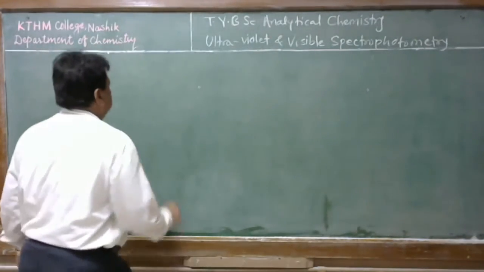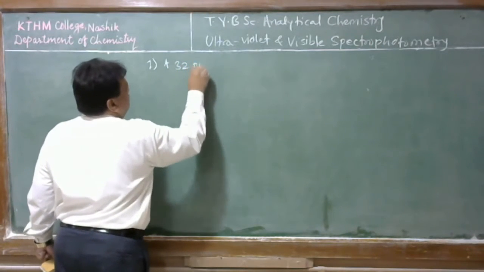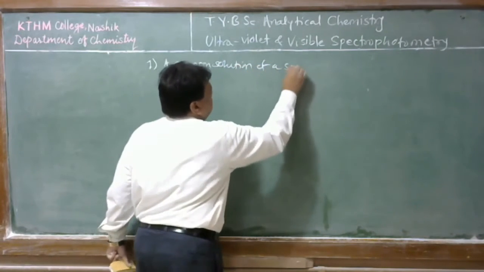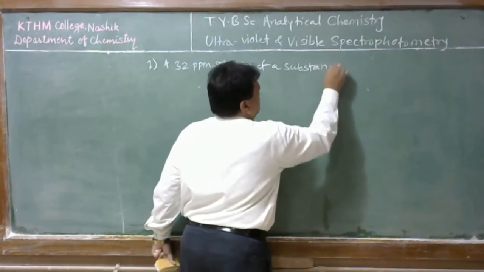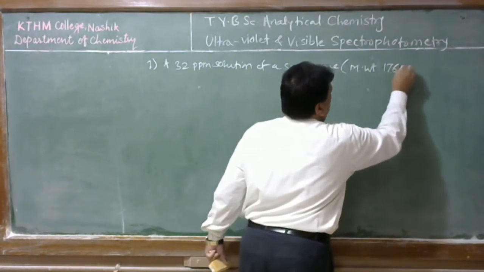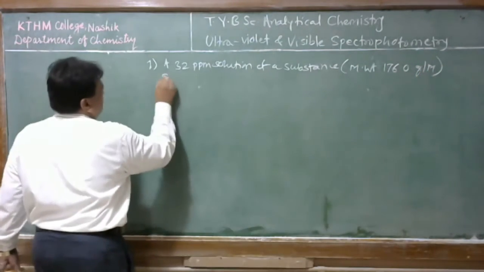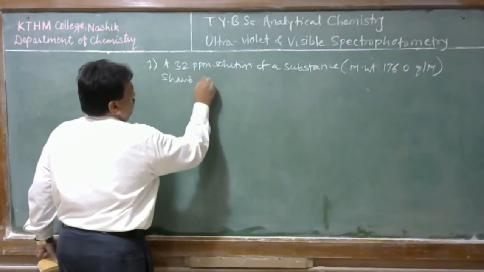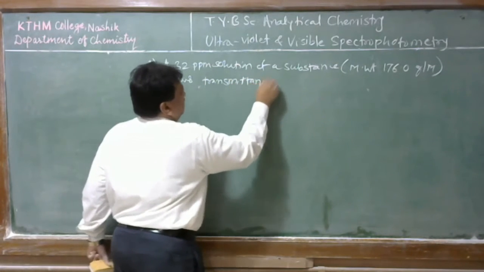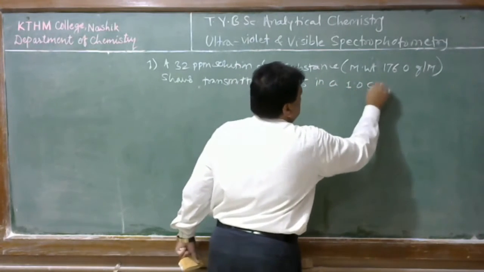Therefore, the first problem: a 32 ppm solution of a substance having molecular weight 176.0 gram per mole shows transmittance 0.45 in a 1.0 centimeter cell.